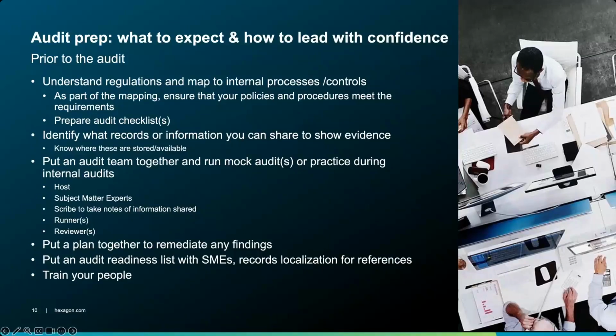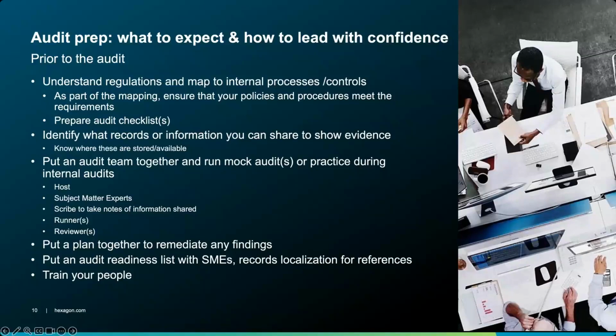So the first step is to understand the regulations that you need to apply to and map those to any of your internal processes and control. As part of the mapping, you can also ensure that your policies and procedures meet the requirements and prepare the audit checklist. Those checklists would help you when you do internal audits and any other preparation.